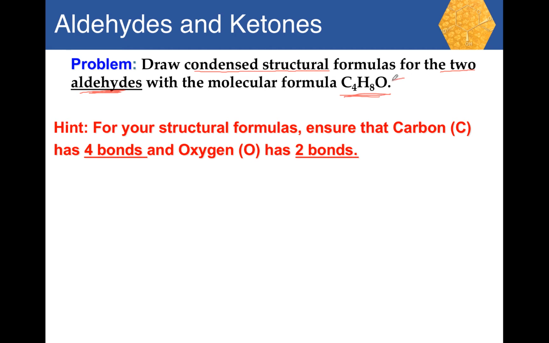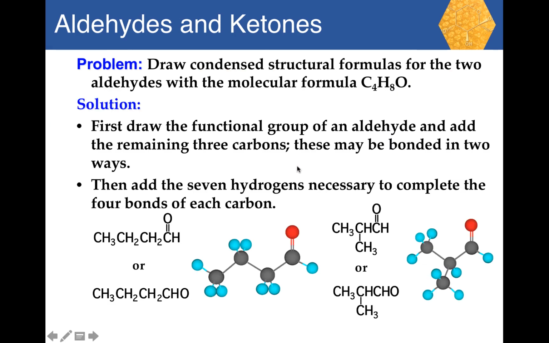Careful, this has an oxygen and we're looking for aldehydes. Again, we must ensure that carbon has 4 bonds, and in this case, since we have oxygen and not nitrogen, oxygen has a maximum of 2 bonds. Not 3, not 4, 2 bonds. So let's see if we can apply this concept here.